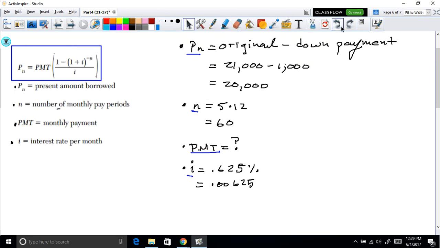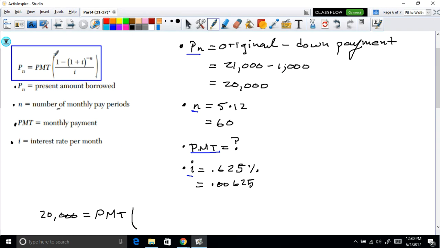So let's plug that in. Here we have a formula where our formula says P of n, and we know the value of P of n. P of n is 20,000. So we've got 20,000 equals PMT, but we don't know what PMT is, so let's just write it out as PMT.